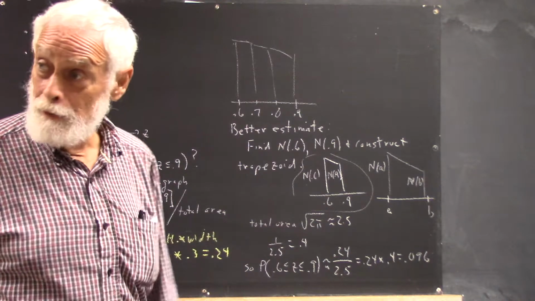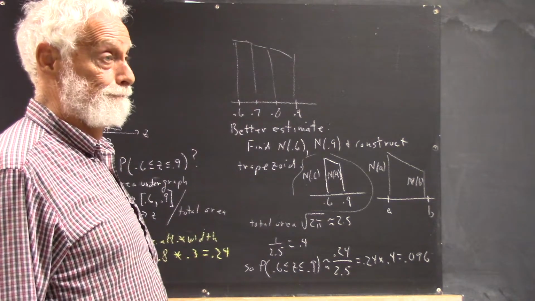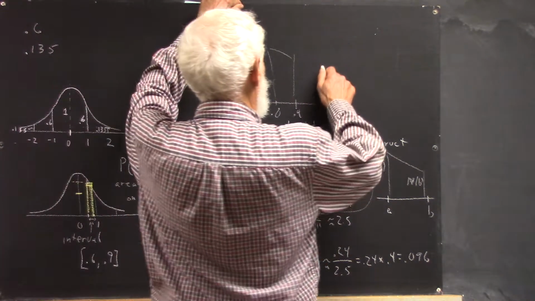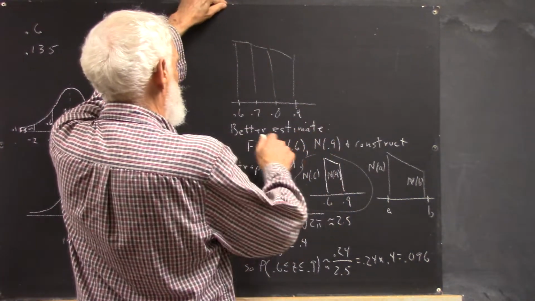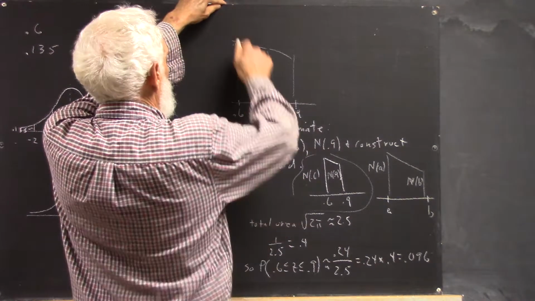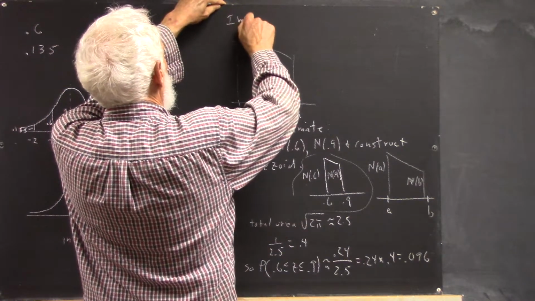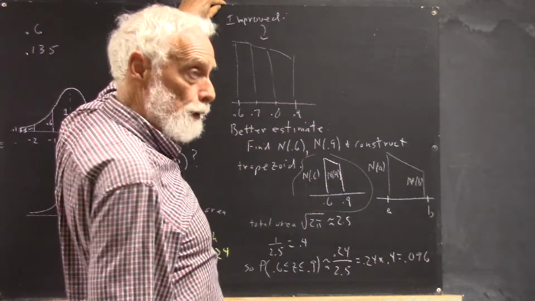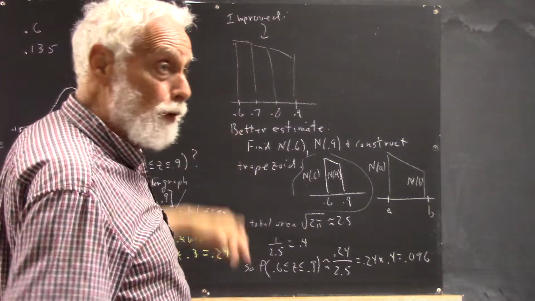Now Wolfram Alpha, of course, will do the integral. So this is an improved estimate, and I'm not going to work that out. You can work that out easily if you have the formula.